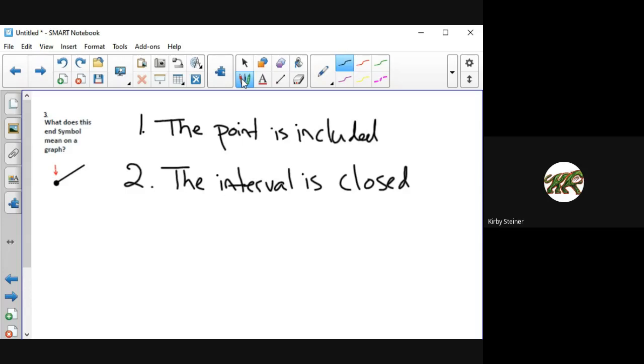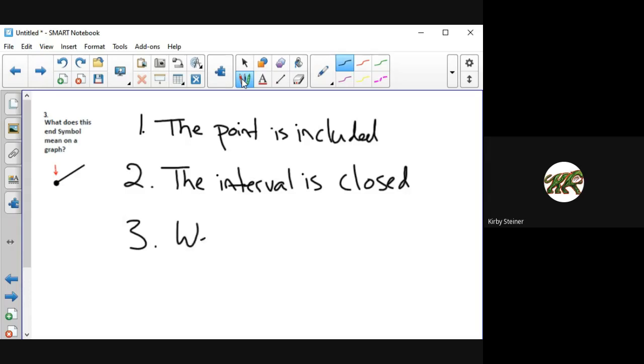All right? Now, the third thing that we're going to take away is that the type of symbol when we're using our set builder notation to write down this domain or this range, the symbol that we're going to use to represent this interval is going to be the greater than or equal to, or the less than or equal to.